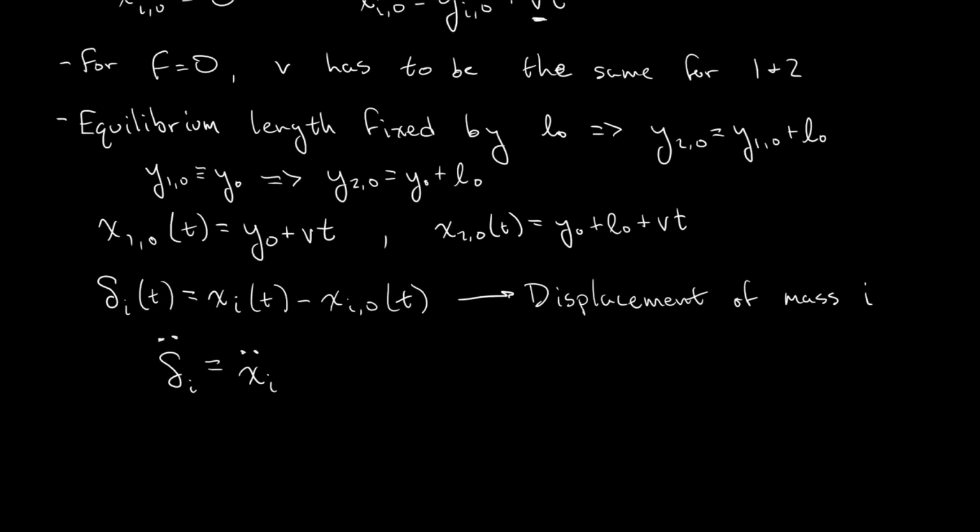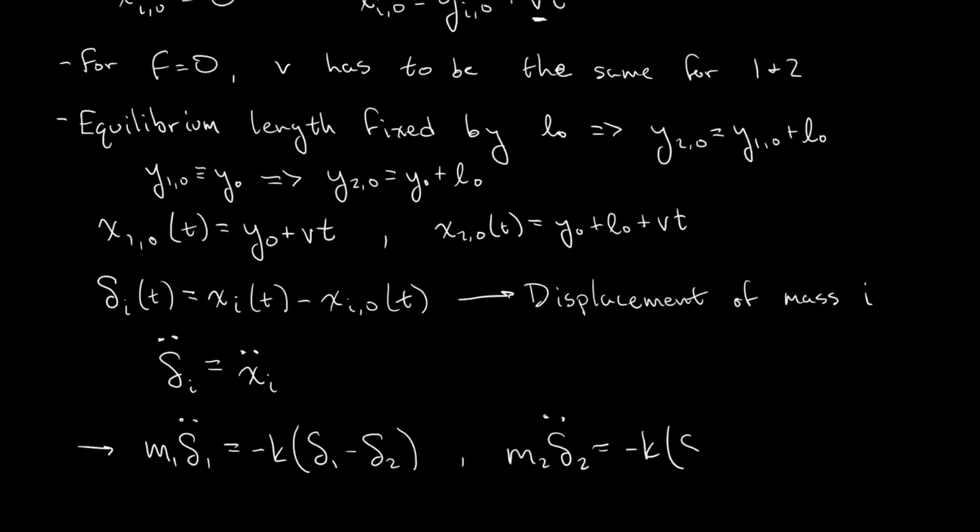And so I can end up writing these as m1 delta1 double dot equals minus k times (delta1 minus delta2), and m2 delta2 double dot equals minus k times (delta2 minus delta1).